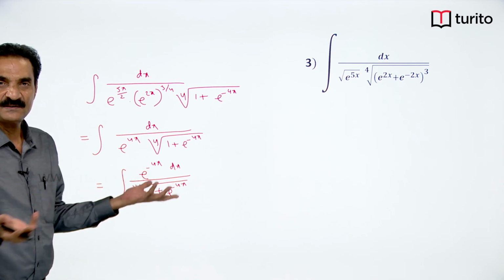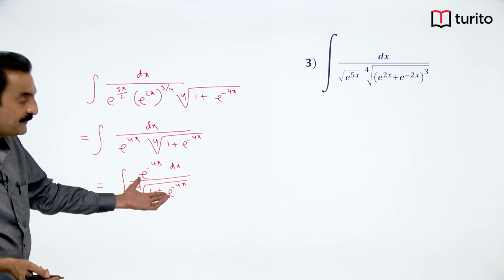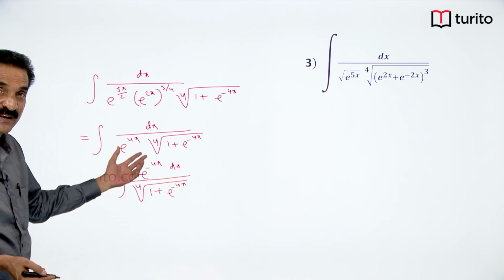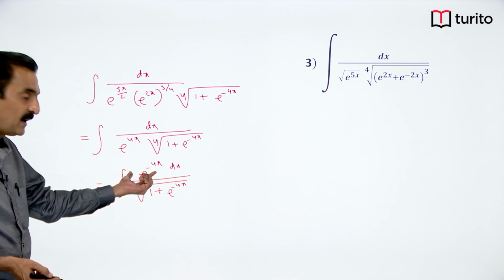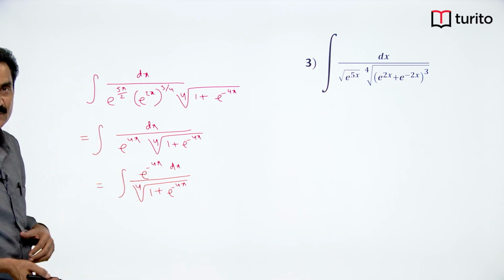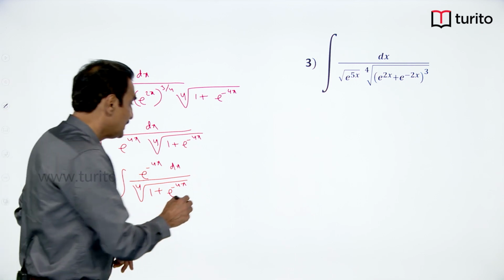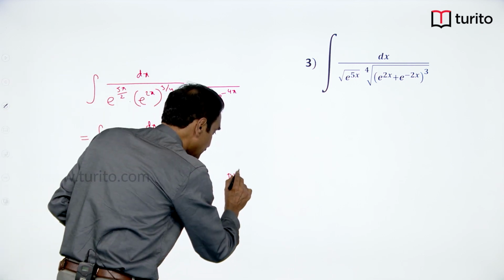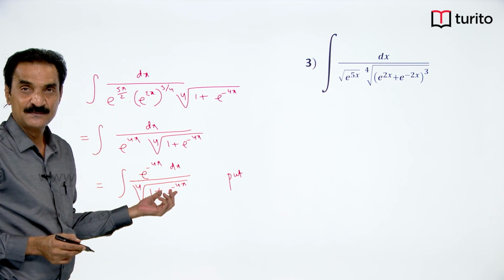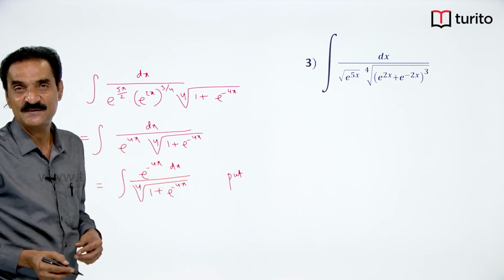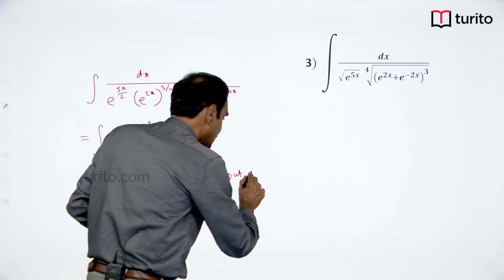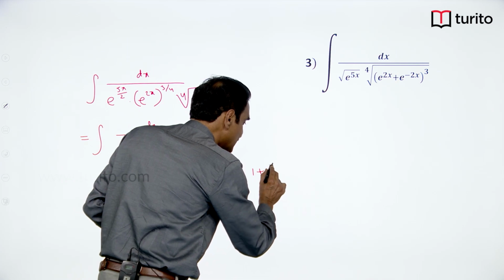Now, everything is clear. Derivative of e power minus 4x is e power minus 4x into minus 4. Minus 4 is constant, e power minus 4x is there in numerator. So, if you put instead of e power minus 4x, you can put 1 plus e power minus 4x is equal to t, because derivative of 1 is constant.